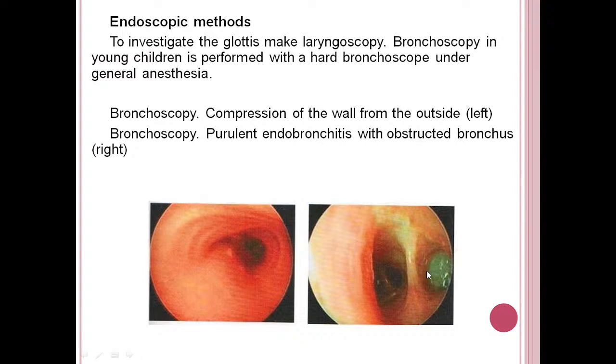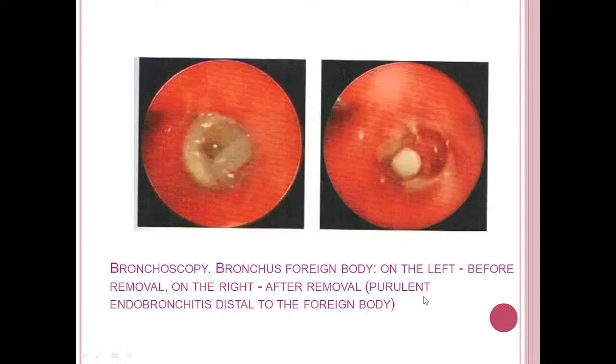Here you see sputum, which we can suction with the bronchoscope. Here you see a foreign body on the left side and the part after removal.